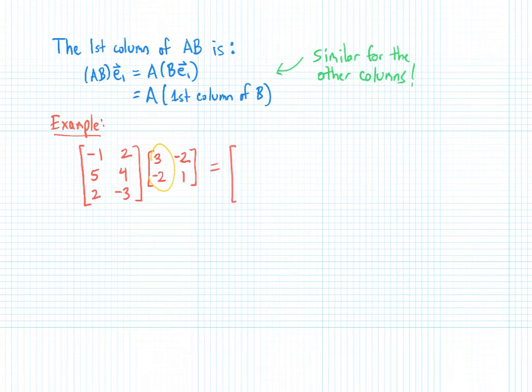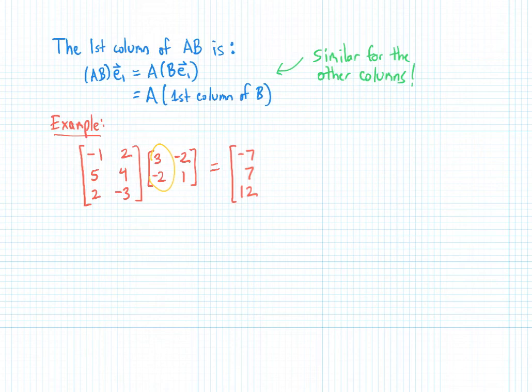So when we multiply the matrix on the left times (3, -2), we get -1 times 3 plus 2 times -2, which makes -7. Then 5 times 3 plus 4 times -2, which makes 7. Then 2 times 3 plus -3 times -2, which makes 12. And that's the first column.